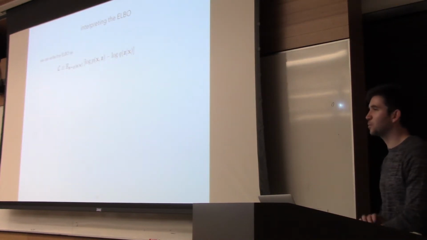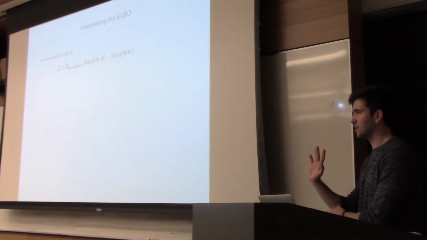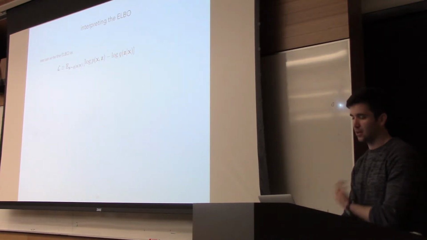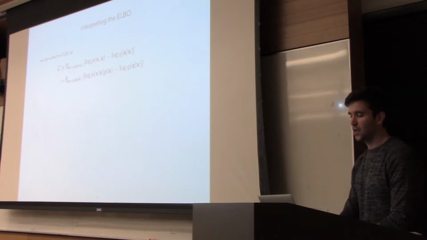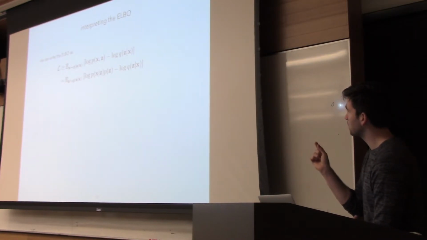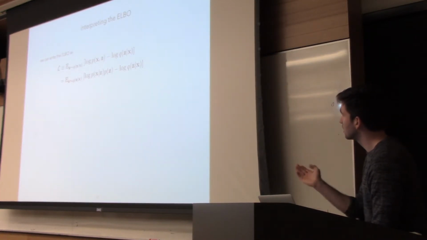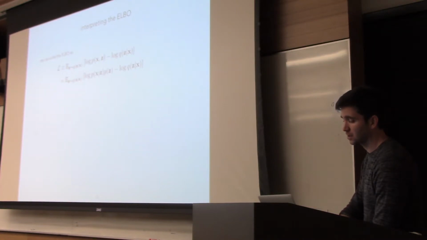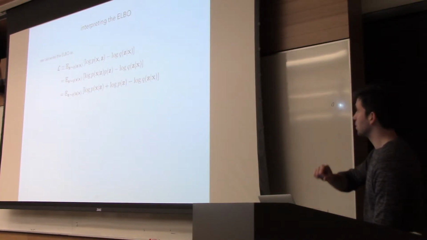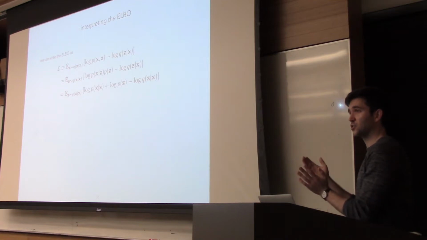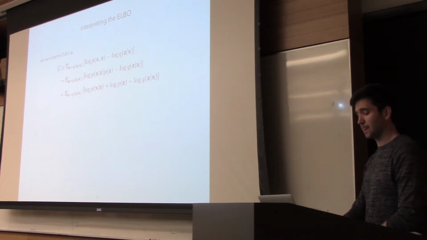So let's try to interpret what this ELBO is. It seems arbitrarily defined. Can we get any intuition as to what it's actually encoding? If we split out this joint probability distribution, again using the chain rule, and again the log of a product turns into the sum of those logs.